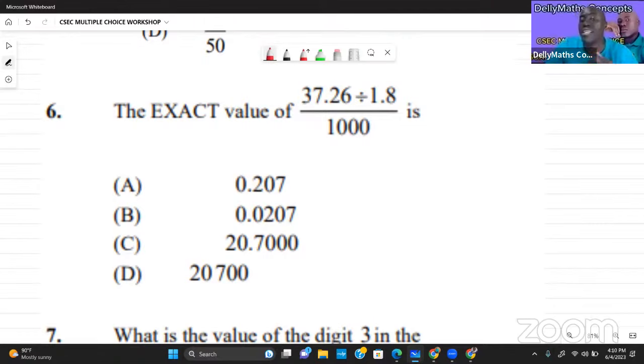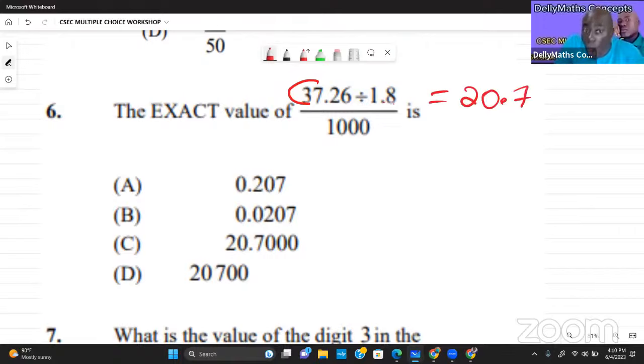What we need to focus on is that if 37.26 is divided by 1.8, it is almost like dividing 40 by 2, right? So you're thinking that on top, you would have 20.7. How did I get it?